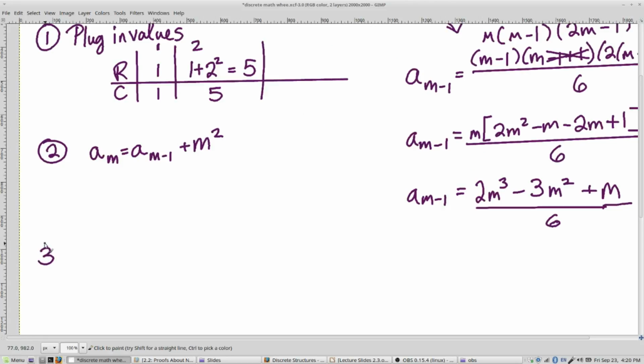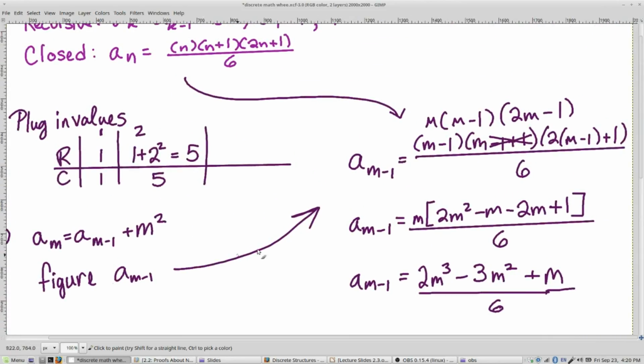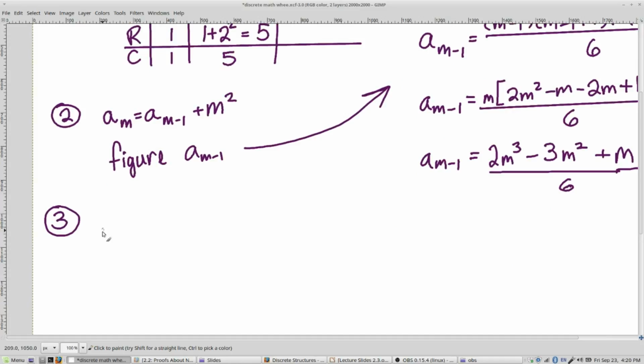So now that we've solved that, let's say step 2 is figure out what a sub m is. Arrows everywhere, sorry that's not super clean, but here's step 2 over here. Then we plug in a sub m minus 1.